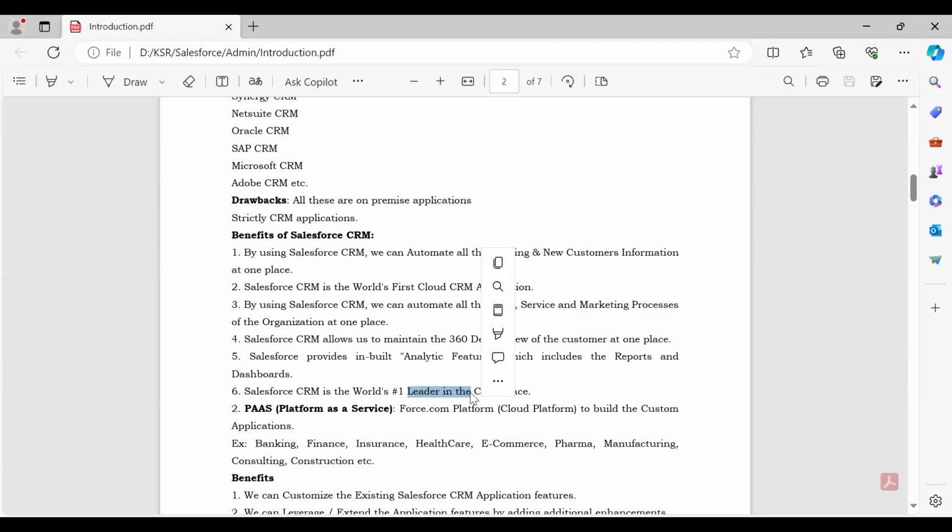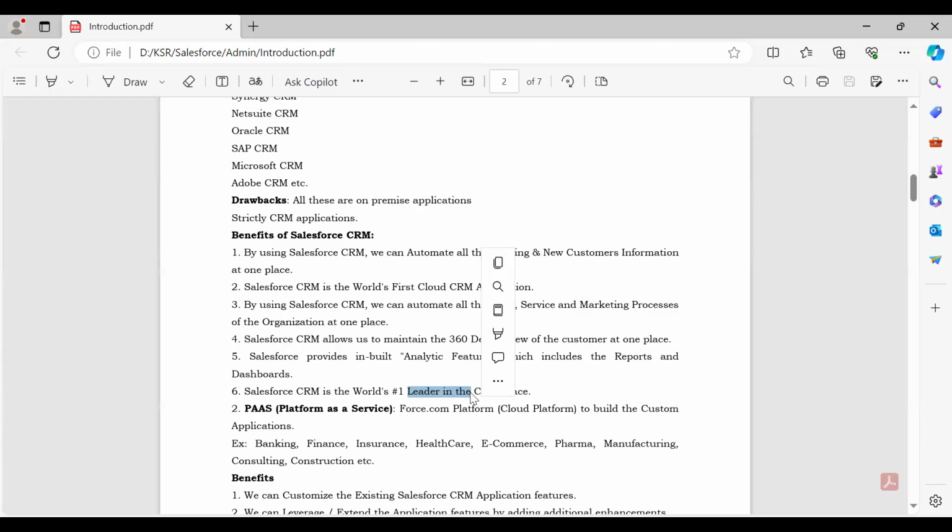Clear? That is about the first cloud computing model, that is software as a service. What is software as a service? Software as a service is a cloud computing model as part of which Salesforce is providing a ready-made CRM application called Salesforce CRM application.